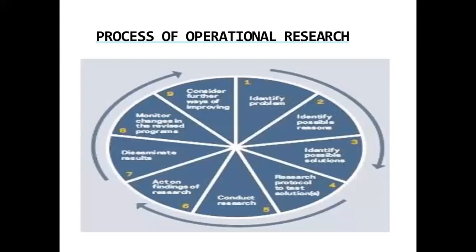The process of operational research: firstly, we have to identify the problem. After that, identify the possible reasons why the problem occurs, and after finding the reasons, the third step is to find the solution: what was the solution to overcome all these problems? After that, a research protocol to test the solution: how we can test or implement these solutions. Conduct research, then action the findings of research.